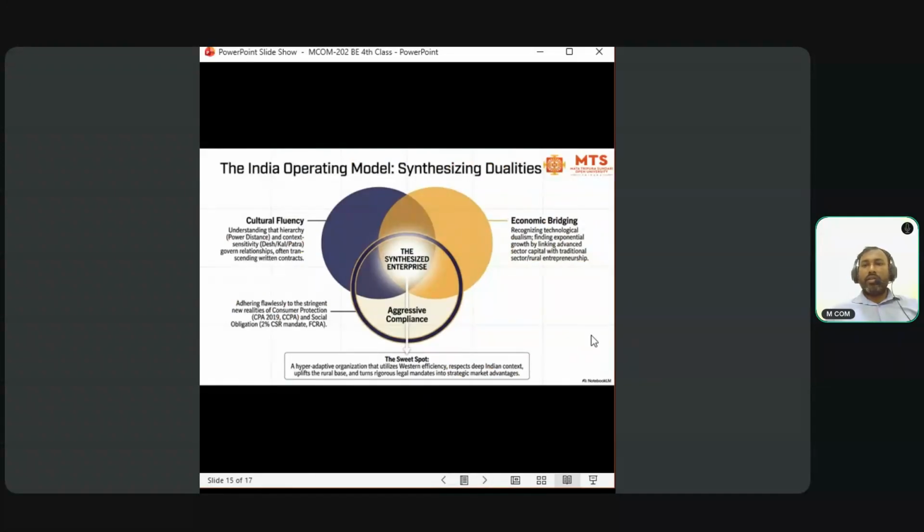The Indian operating model synthesizing dualities: cultural fluency and economic reasoning.